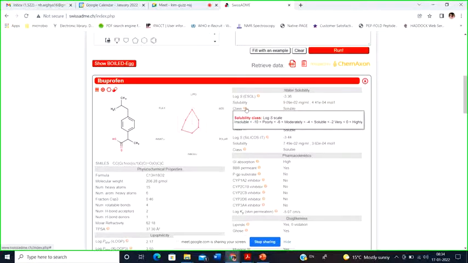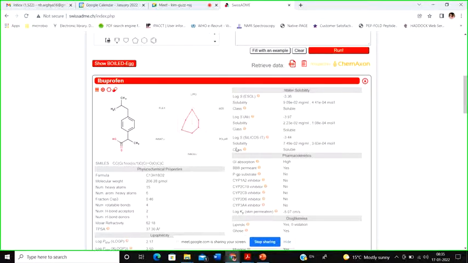बस ये देख के क्या पता चलेगा कि whether it is soluble or not. So next you have the class. See that there are various classes: insoluble, poorly soluble, moderately soluble, soluble, very soluble, highly soluble, and depending on your value of this particular ESOL method, the solubility class lies. If it is below -10 then it is insoluble. Since I have a -3 value, it falls under this particular soluble section, because -2 to -4 is soluble, and mine is -3.3, so it is soluble. Similarly every method calculates and gives you an idea.